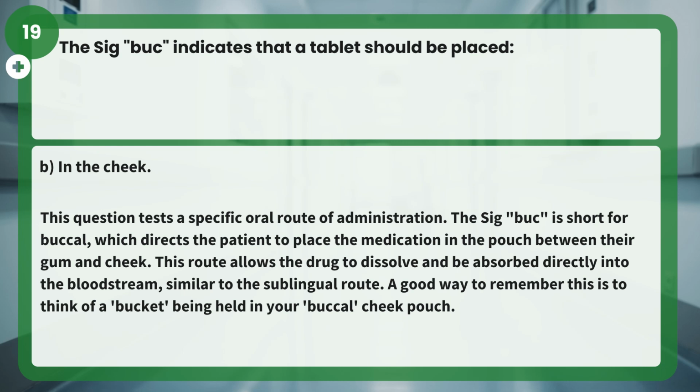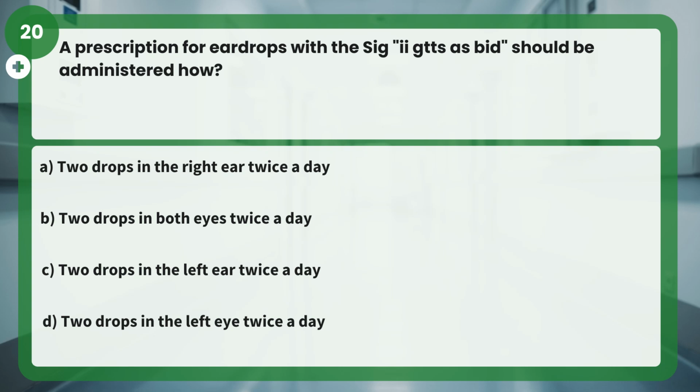The SIG buc is short for buccal, which directs the patient to place the medication in the pouch between their gum and cheek. This route allows the drug to dissolve and be absorbed directly into the bloodstream, similar to the sublingual route. A good way to remember this is to think of a bucket being held in your buccal cheek pouch.